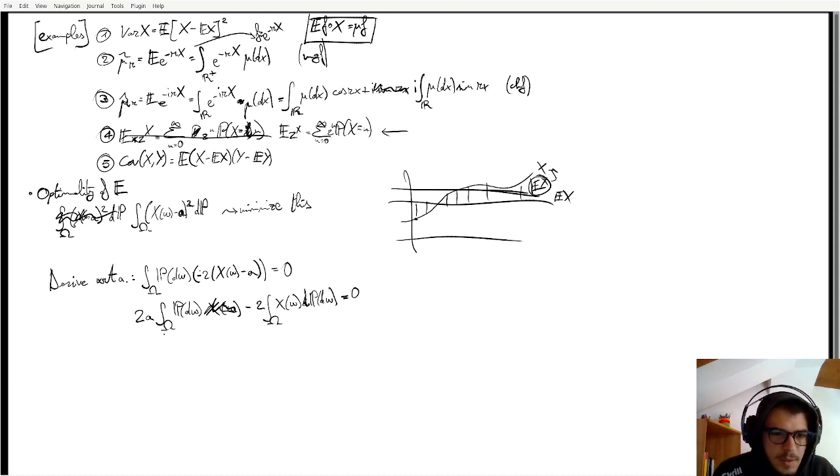And solving with respect to a, we obtain that a is, same thing, so here we cancel out. a is the integral over omega of X of omega integrated with P. And this is nothing but the expectation of X, by definition.